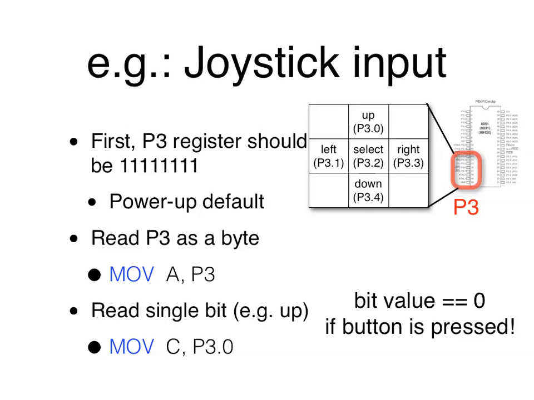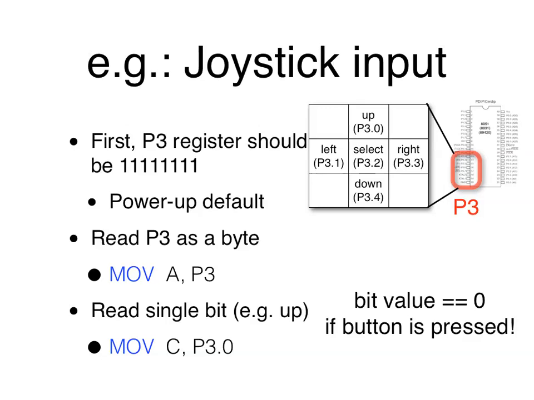And to read from the pin, you just say move, and then from the port P3, for example. You could read the whole 8 bits at a time, or you could read 1 bit at a time. If you do MOV A, P3, that instruction reads all 8 pins of P3 into the accumulator A. If you read 1 bit at a time, then you do P3.0, P3.1, or any one of those into C. Remember, that's the carry flag, because it's used as a kind of bit accumulator.